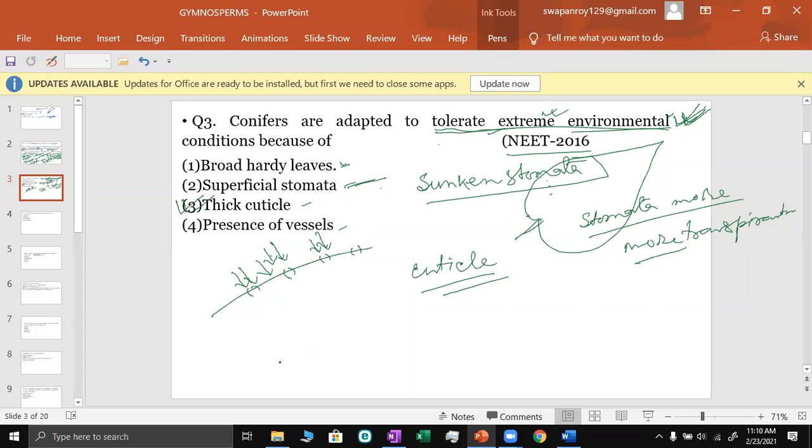Sunken stomata are usually there in the lower epidermis. Say the epidermis is not smooth. Epidermis is having small grooves.